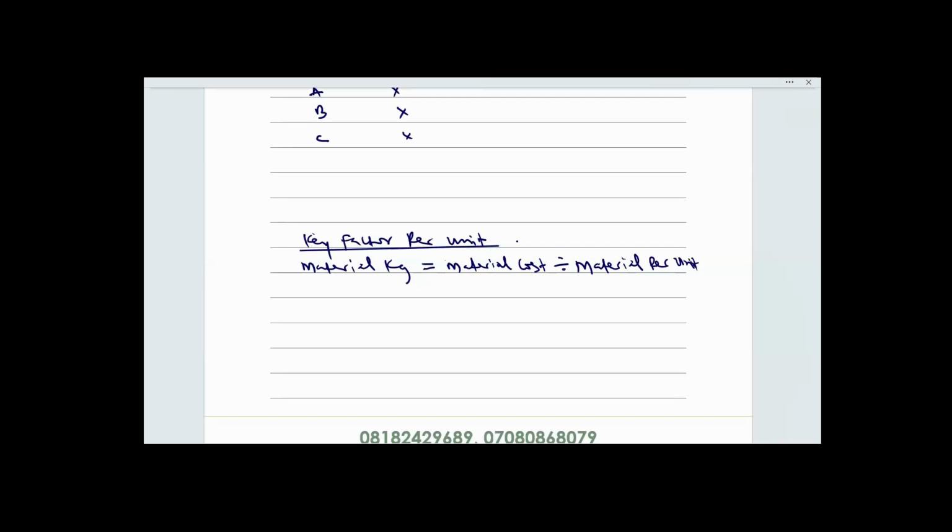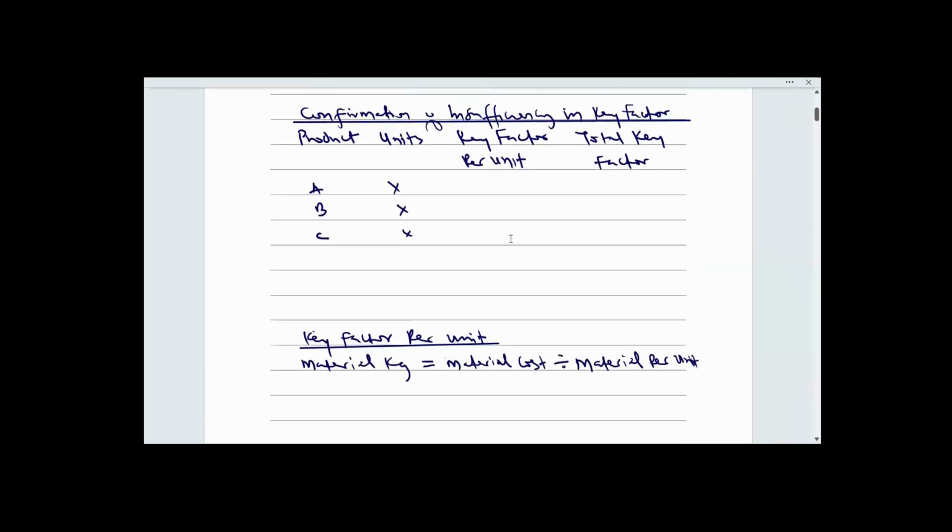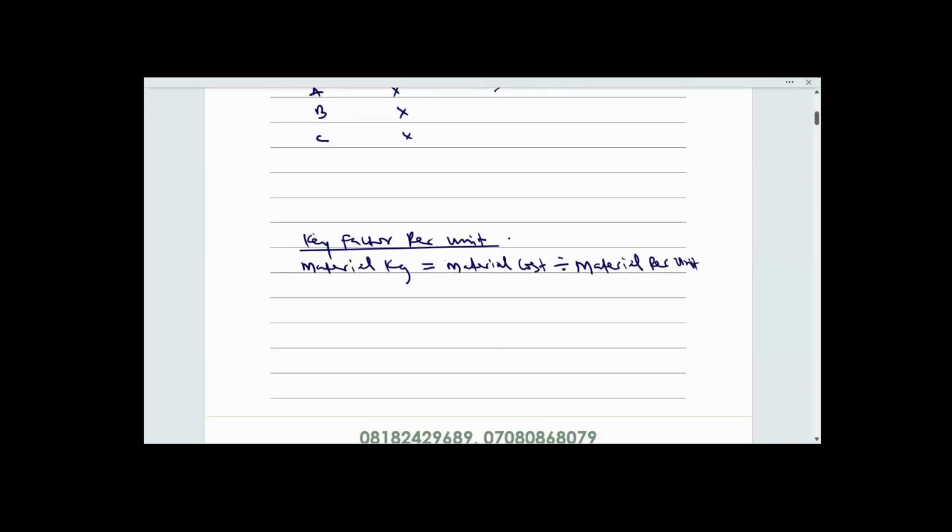So once you have the material kilogram per unit, in this case we're assuming that the material is the key factor, then you come and put it here. Secondly, if the key factor is labor hour, you need to determine labor hour per unit. How do you determine labor hour? Labor hour is labor cost divided by labor rate.